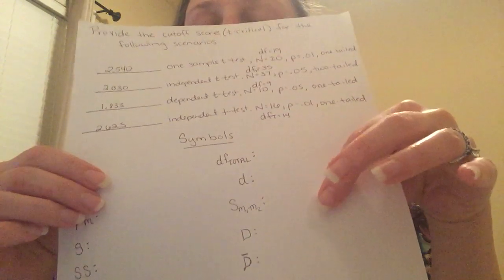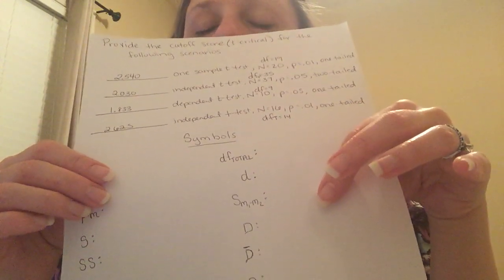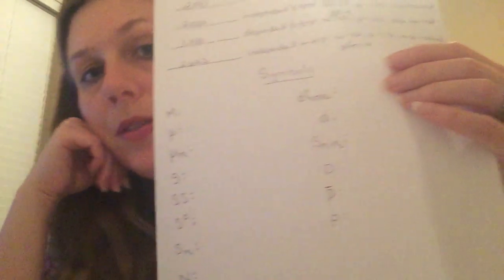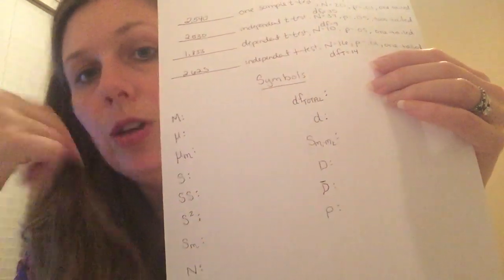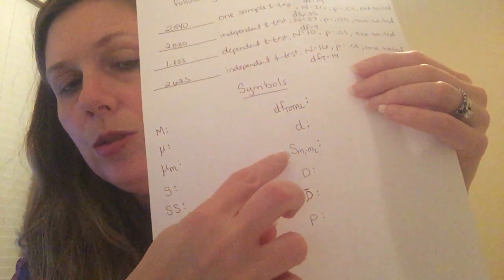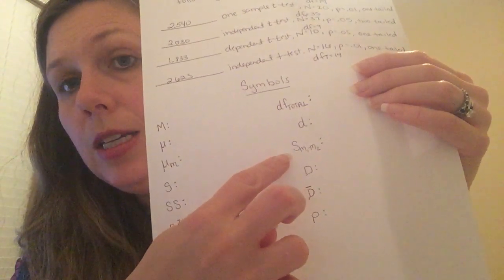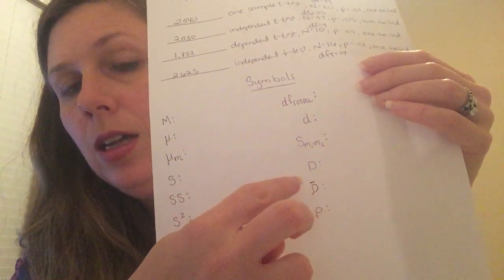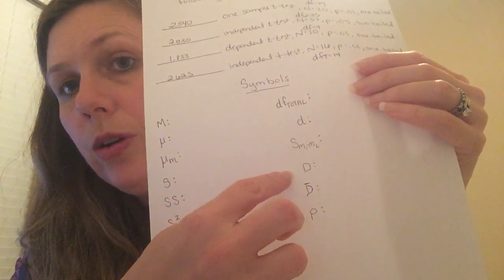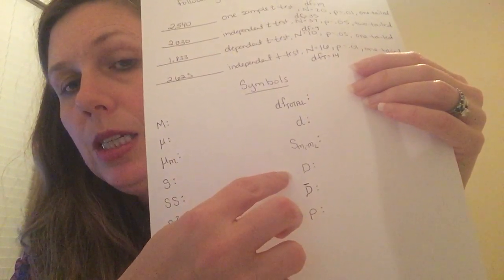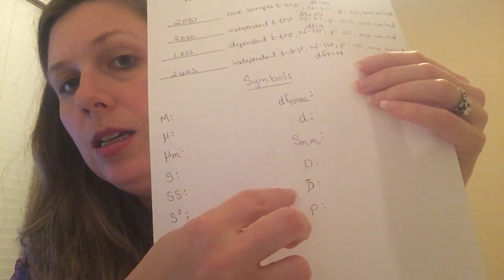The S with the little m1 minus m2 next to it is your standard error for your independent t-test. Capital D is a difference score that we calculate when we're doing dependent t-tests.